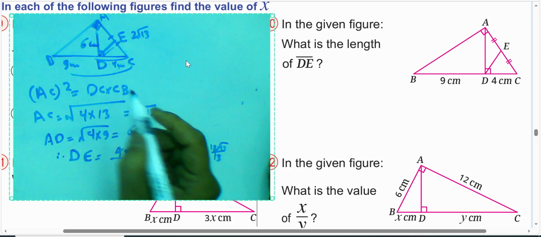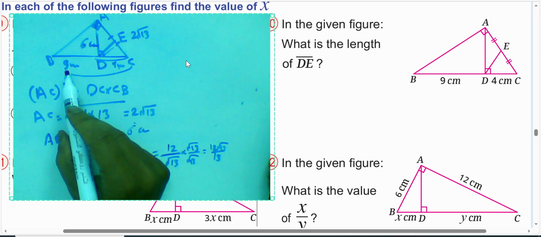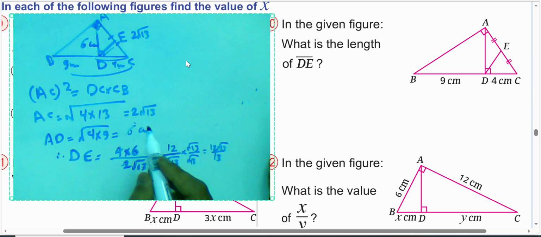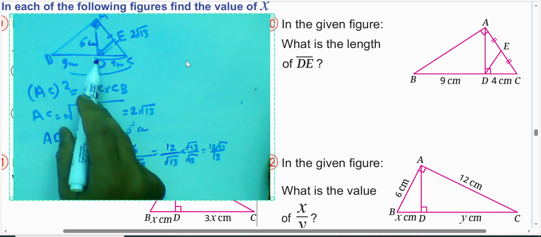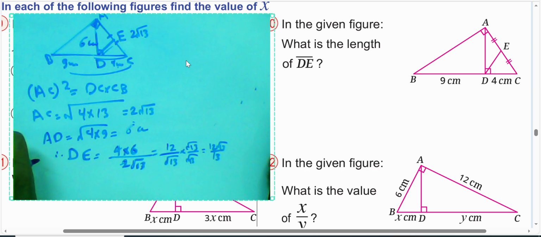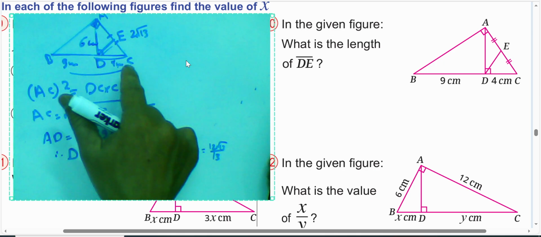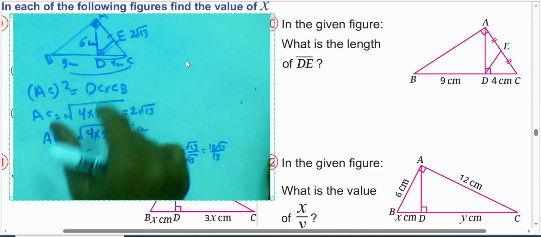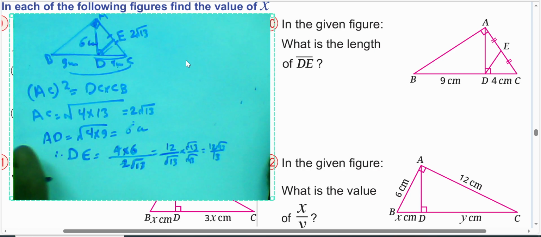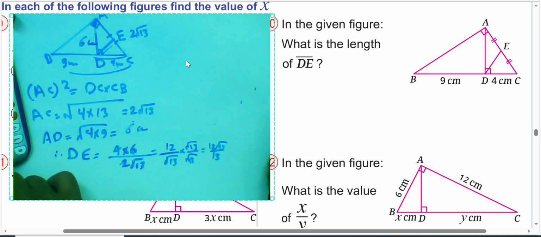Understood or not? Again, 4 times 9 square root, it will be 6, and 6 power 2 plus 4 power 2, 36 plus 16, square root equals 2 root 13. Then 4 times 6 divided by 2 root 13.